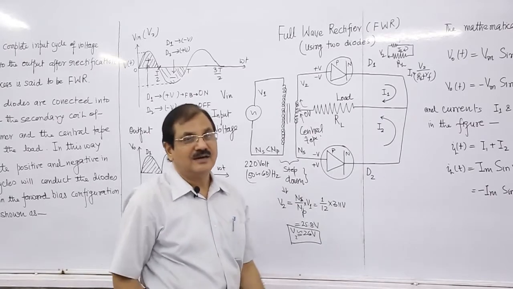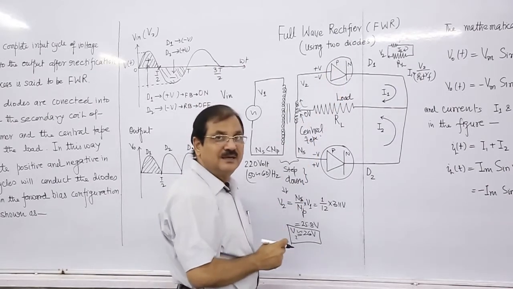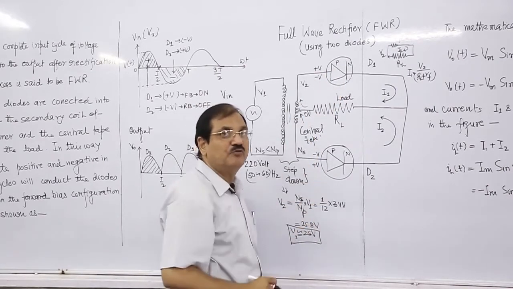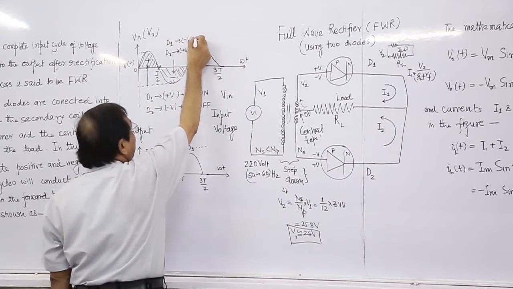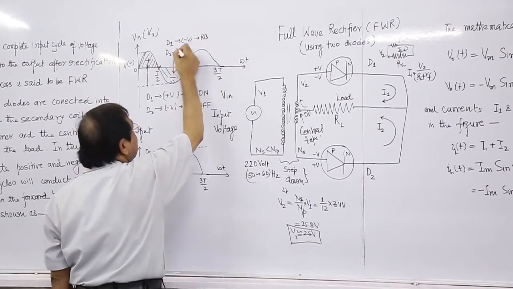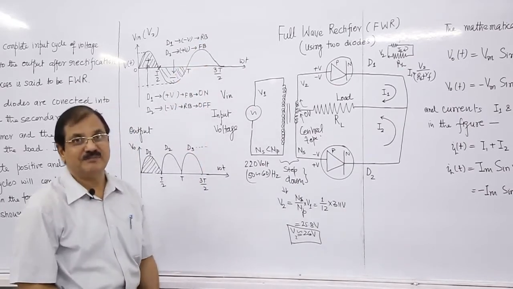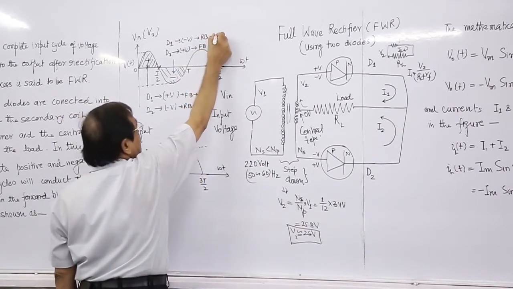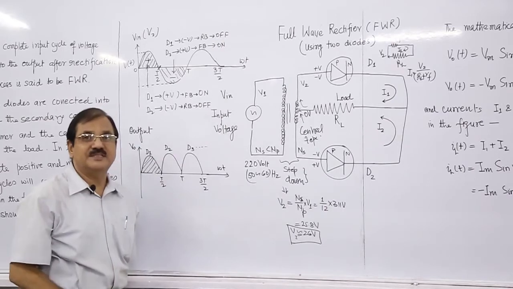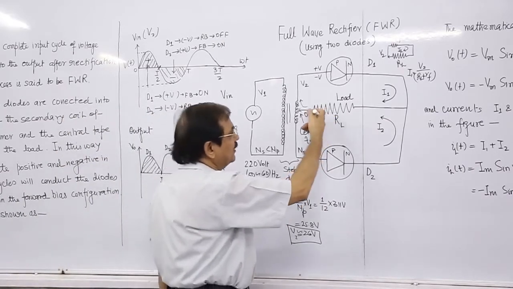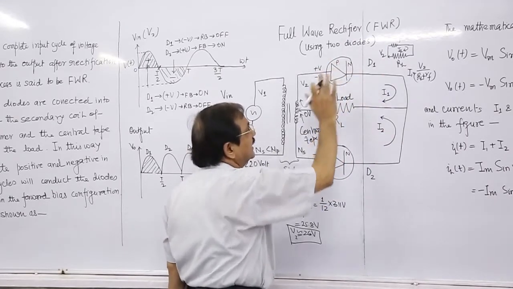So, in the second half cycle, D1 is negative, so it is in reverse bias, and D2 is positive, so it is forward bias. Again the same concept: if it is reverse bias, it is off, and if it is forward bias, it is on.